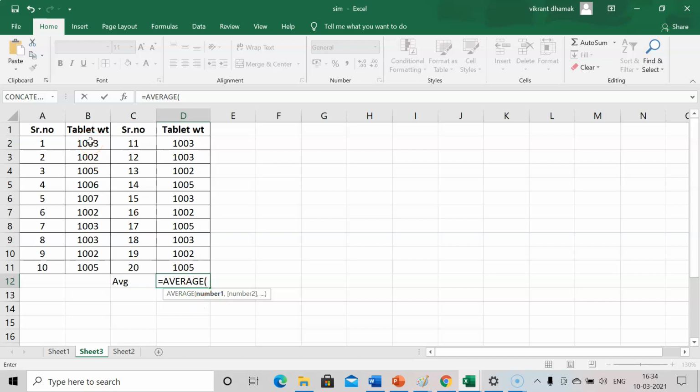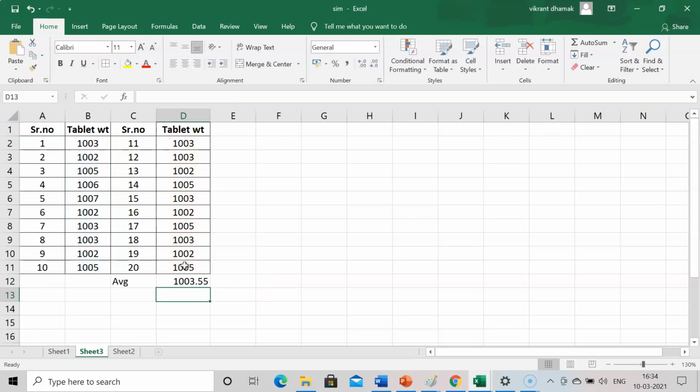While selecting the cells, you may face the problem over here that all the cells cannot be selected from both the columns. For this purpose you can make the table in one line, or you can select the cells while pressing Control. By pressing Control you will get the value. Press enter and you will get the value. So the average weight is now this.